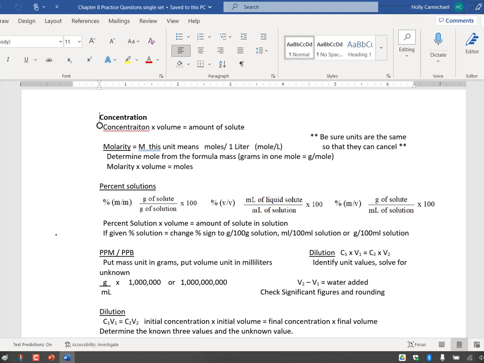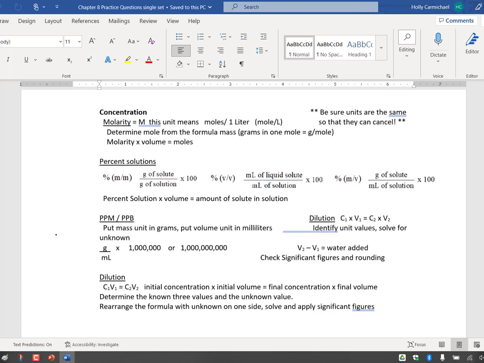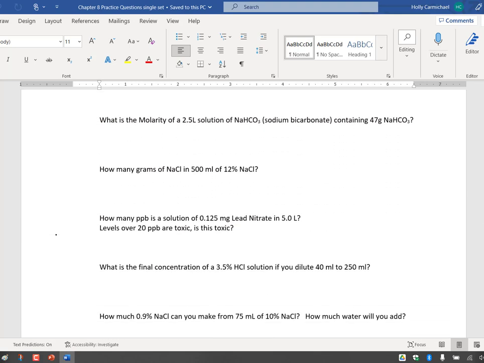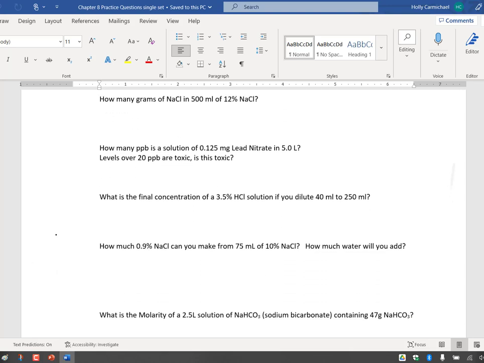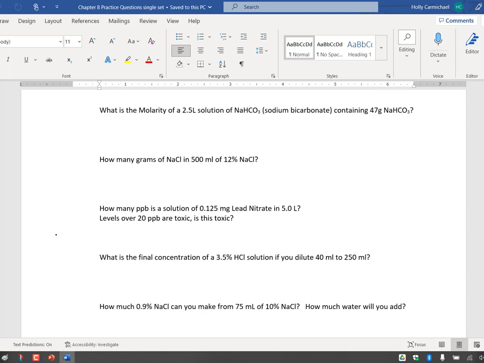On the front side is what molarity is, what percent solutions mean, and then parts per million, and dilutions. On the back side are some practice ones. I'll walk you through these.